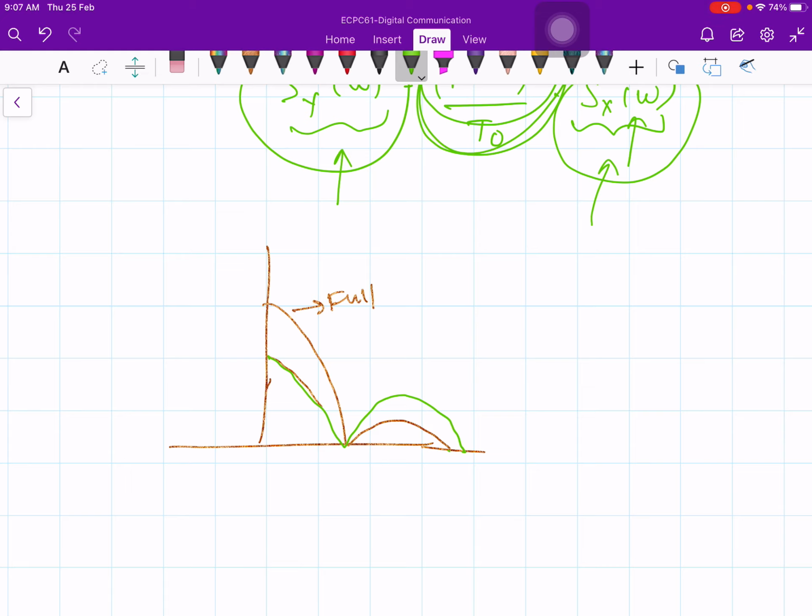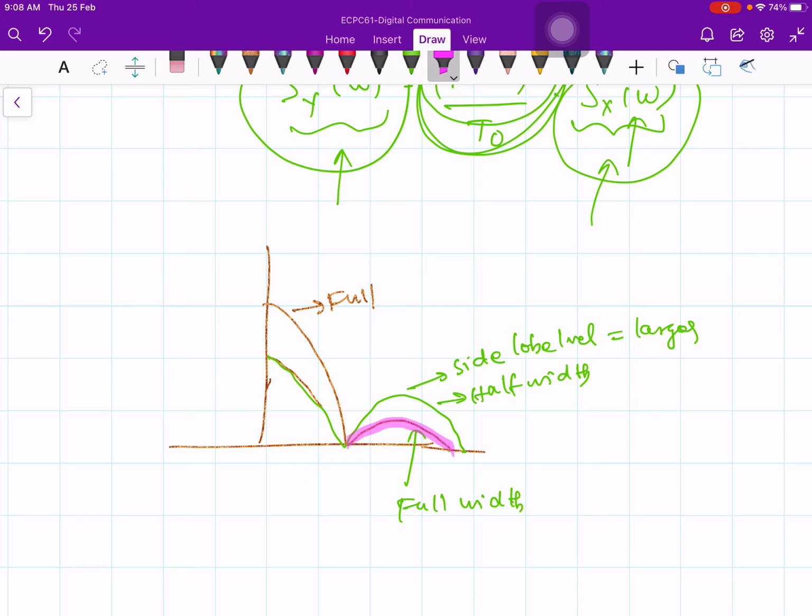For half width, the side lobe level is larger as compared to the full width. This pink curve indicates full width. If you look at the full width pulse, the side lobe level is lesser.